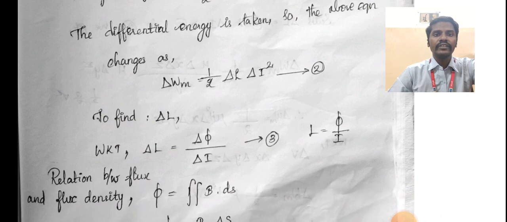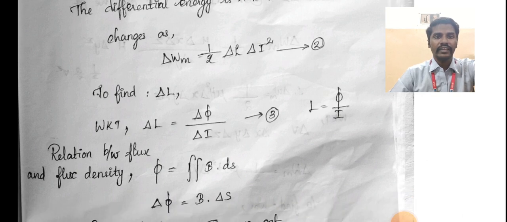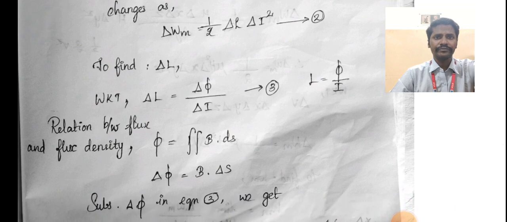So we know that L is equal to phi by I, then del L is equal to del phi by del I. Keep that as equation number 3. As we discussed before, the relation between flux and flux density is given by the surface integral of B dot n cap ds is equal to phi.